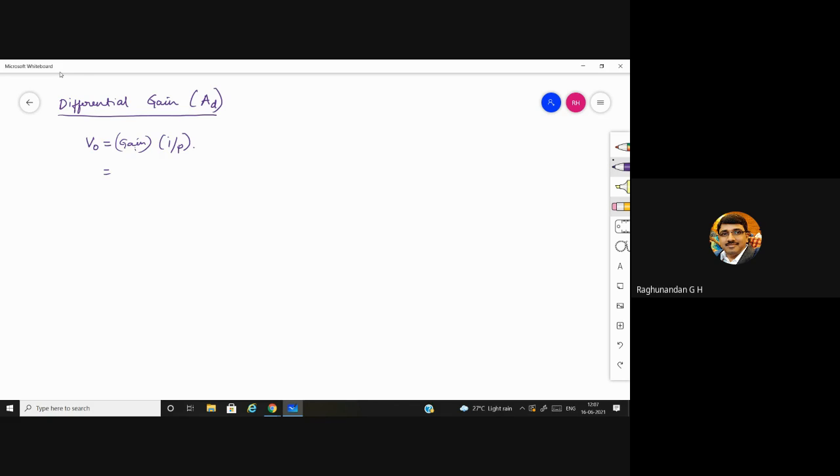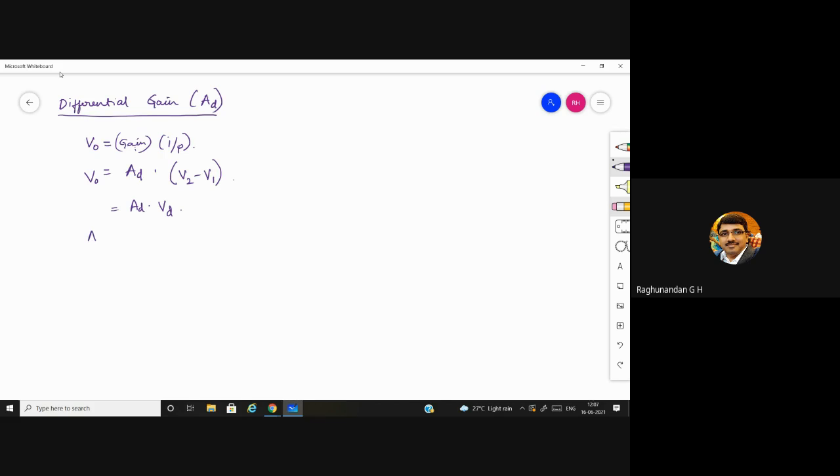Here this gain is our AD, the differential gain, and since it is differential, the input is going to be the difference of the two inputs. So V naught is equal to AD into (V2 minus V1). This V2 minus V1 can be represented as VD, the difference voltage.